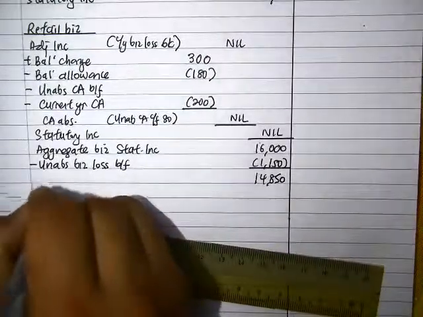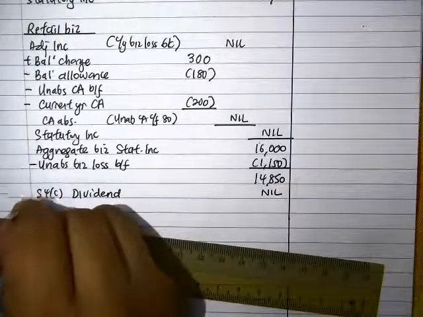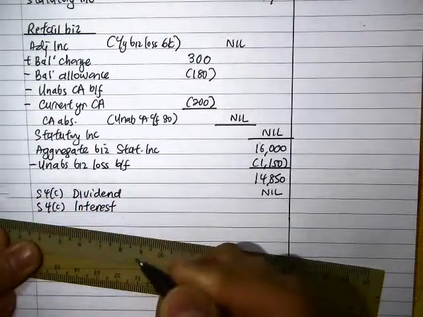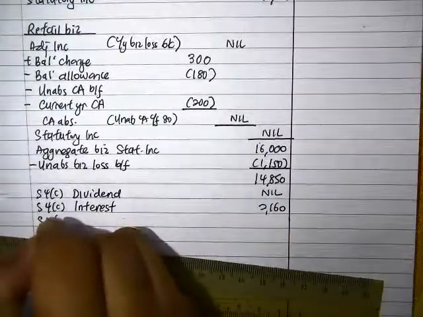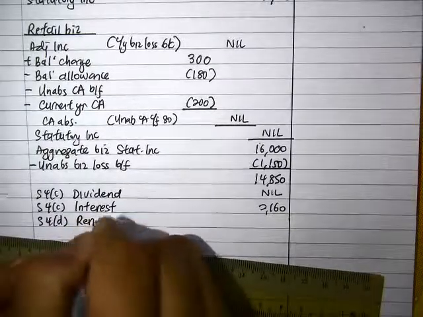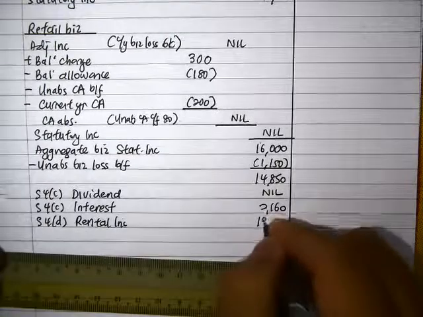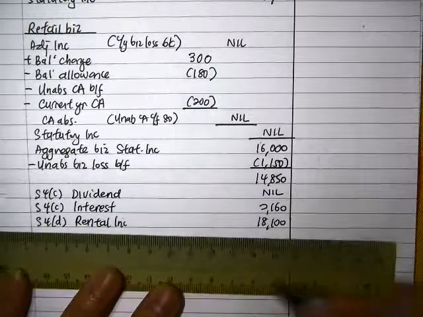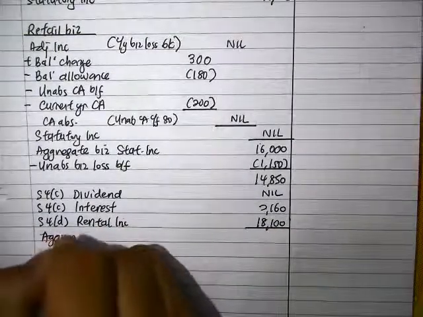So we have 4C dividend, which is tax exempt, 4C interest, which is 2160, and 4D the rental. Now you combine both the rental, so 242 minus 61, the net is 18,100. That's it. So with all the sources now, right, that should be the aggregate.